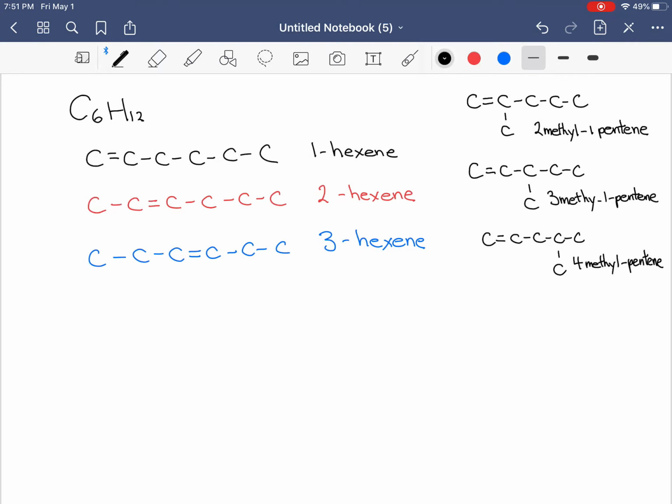Oh, there's more. This 1-pentene, I can keep the party going. Well, not for 1-pentene, but maybe for 1-butene, right? Why not? 1, 2, 3, 4. Double bond between carbon 1 and 2, so that's a 1-butene thing.